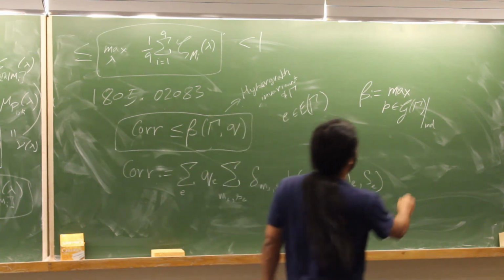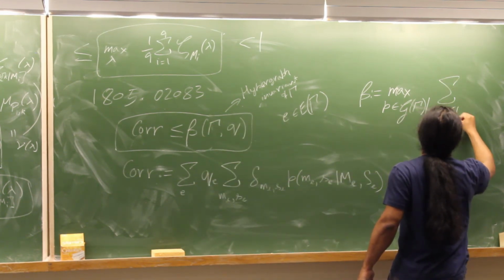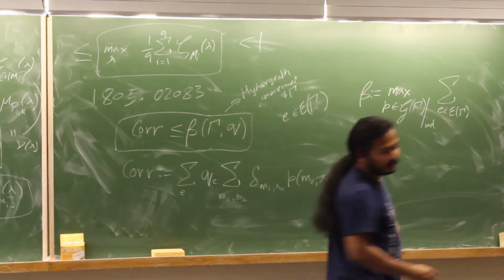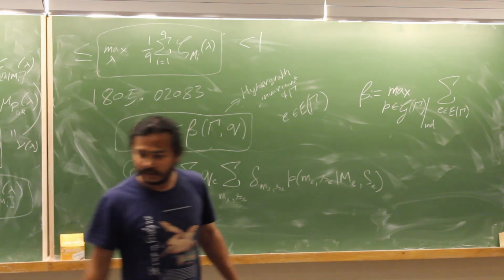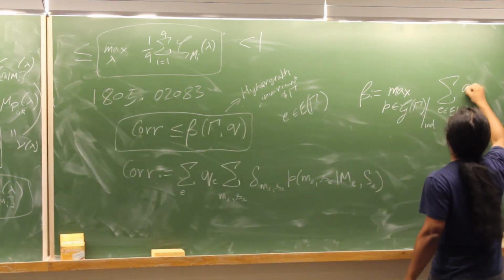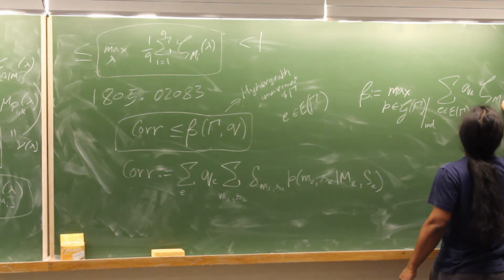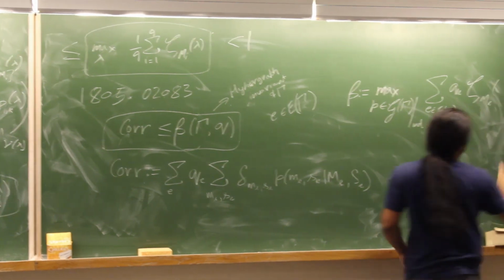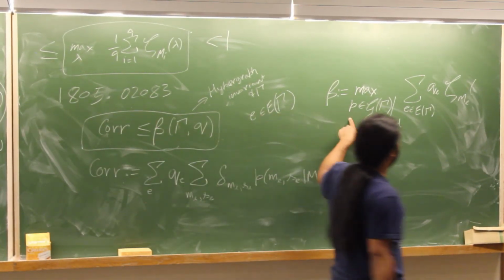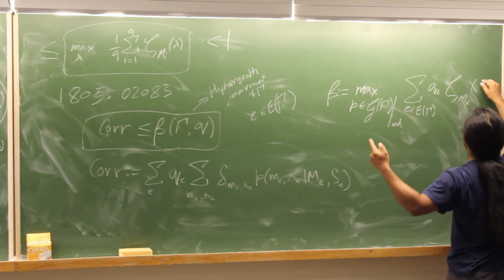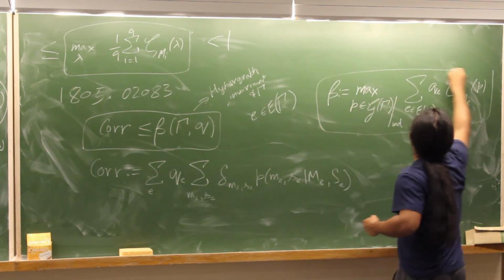And then take the sum over E, where E are the edges of gamma, of the max predictabilities, Q_E, zeta, M_E, P. I mean, lambda is like P here now, because P is kind of the probabilities that lambda assigns to the vertices, okay?